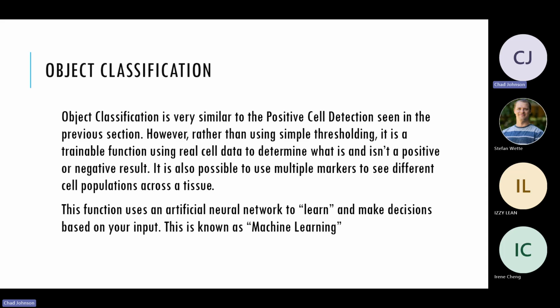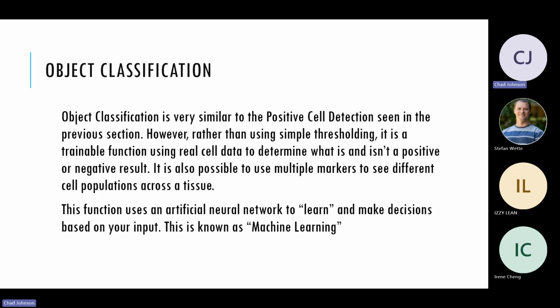Because we are using lots of multiplexed images, it's possible to use the separate channels to create different algorithms for each channel, and then combine them into a single algorithm to detect the multiple markers in a single tissue. Now, we typically use a neural network to learn, and that's in quotation marks, and make decisions based on your input. This is known as machine learning.